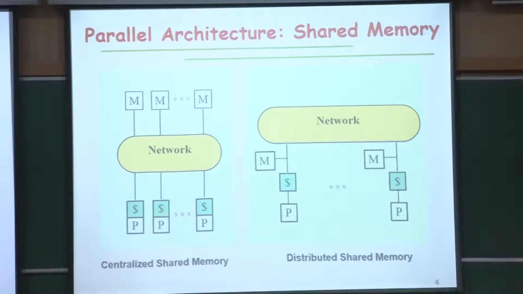If this processor wants to access its own memory, it does not have to go to the interconnection network, and therefore its access time is likely to be lower. Whereas, if it has to access the memory of another processor, it has to go through the interconnect network and has a larger memory access time.